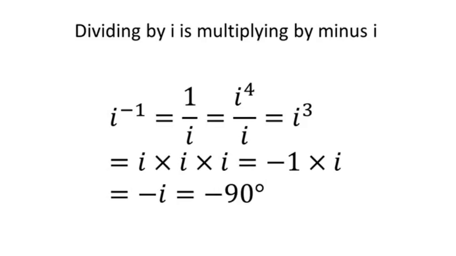This is a remarkable property of i. And also, that means dividing by i is just the same as rotating in the negative direction by 90 degrees. Why? Because minus i is down there at minus 90 degrees.